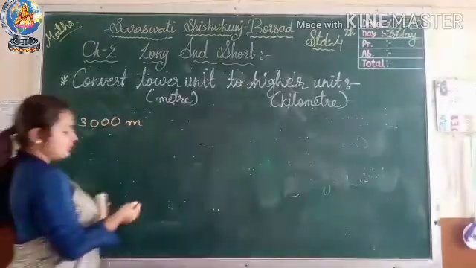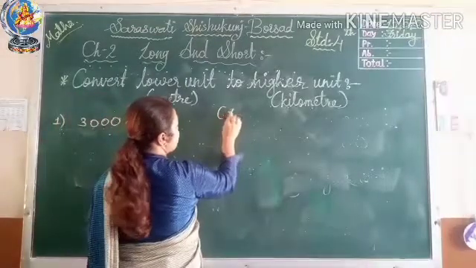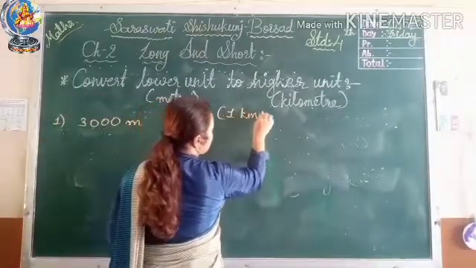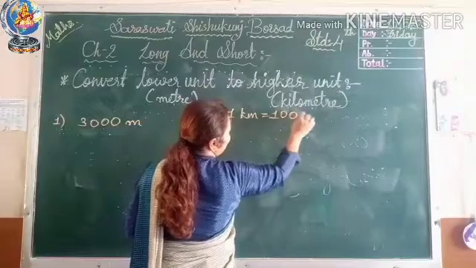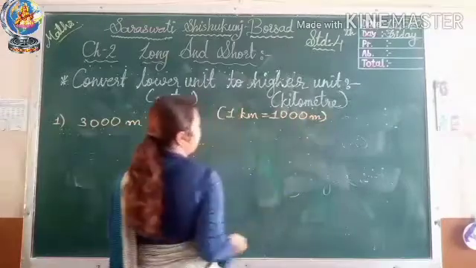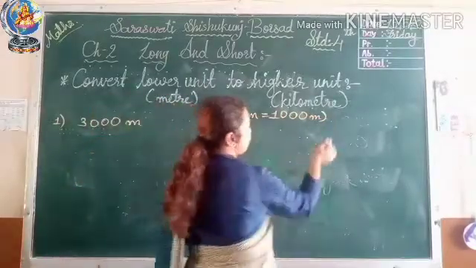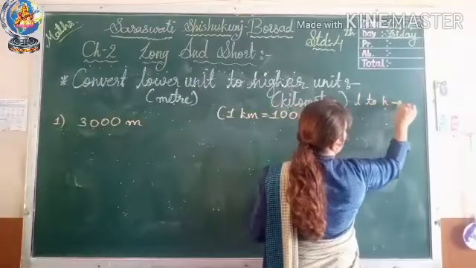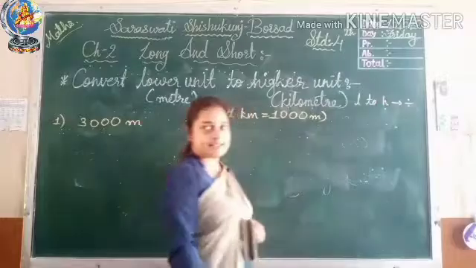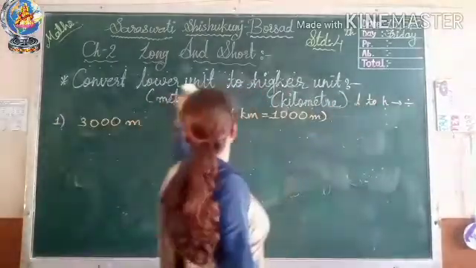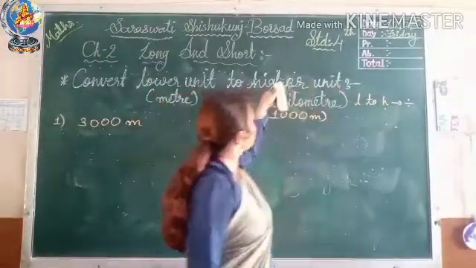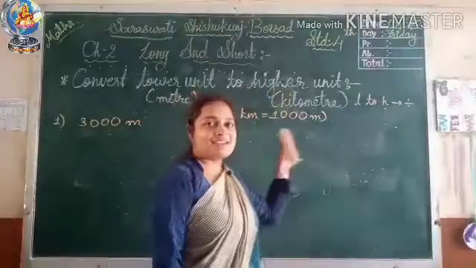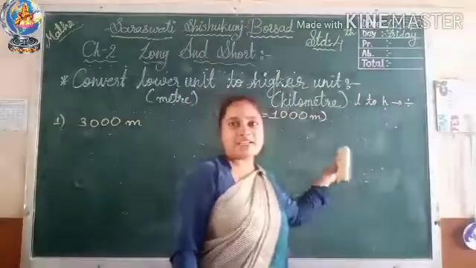For this, there is one hint: 1 kilometer is equal to 1000 meter, and for L to H, we have to do divisions. L means lower, H means higher unit.